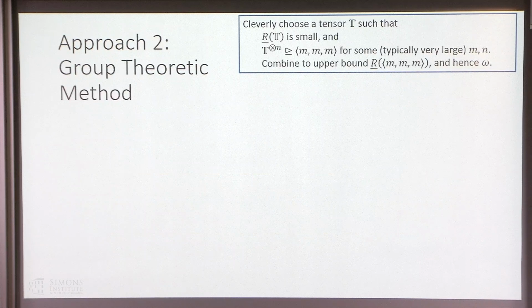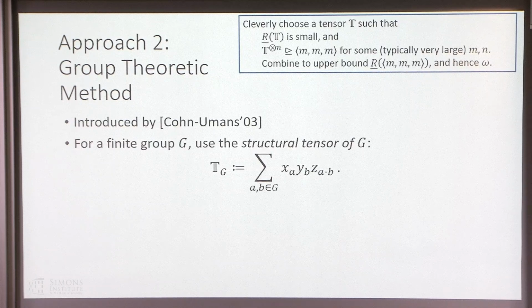The group theoretic method was introduced by Cohn and Umans, and it works very nicely for the structural tensors of the group algebras of a group G, and they're defined like this. You take the sum over all pairs of group elements of x_a, y_b, z_{ab}. So you have a 1 only when the index of z is a times b.